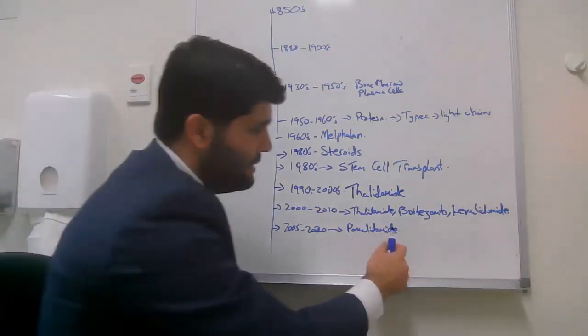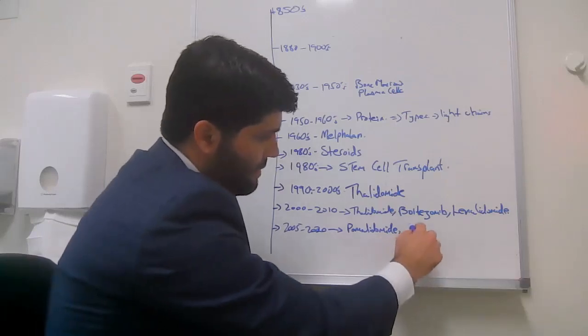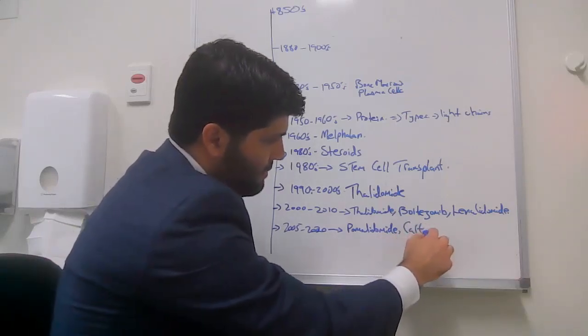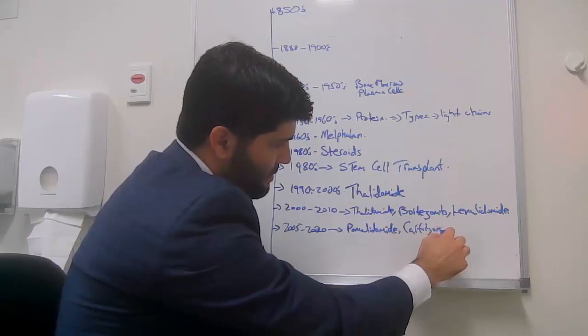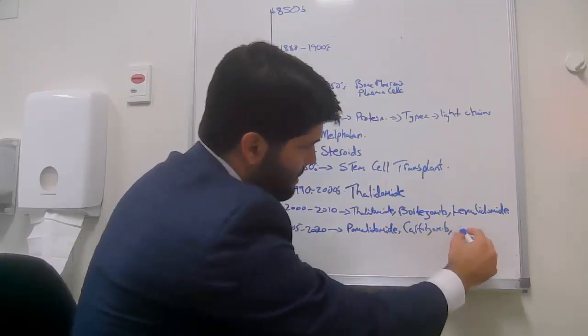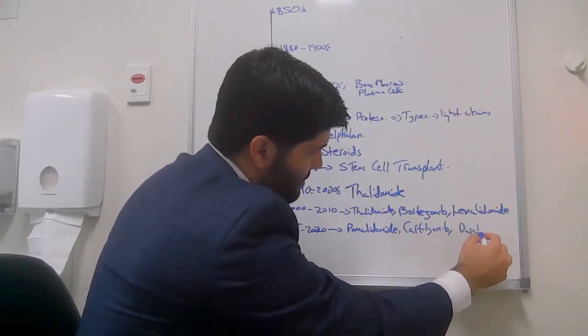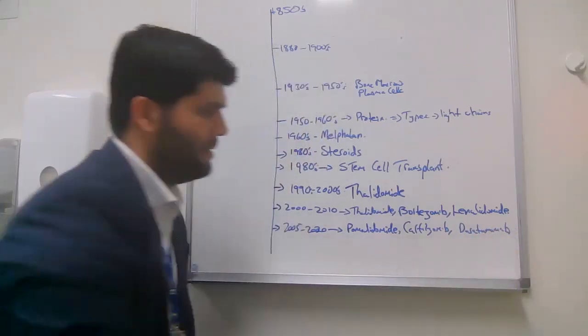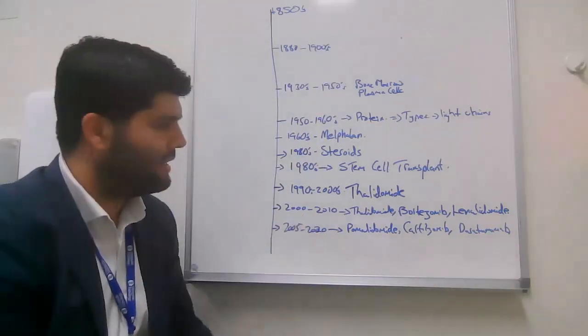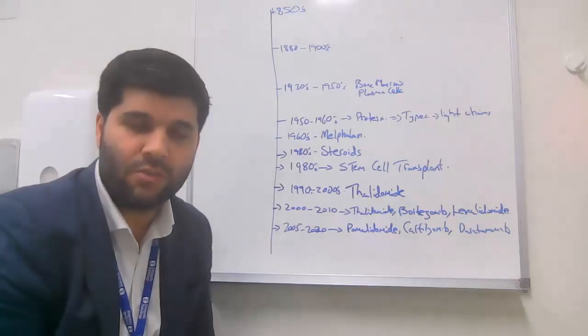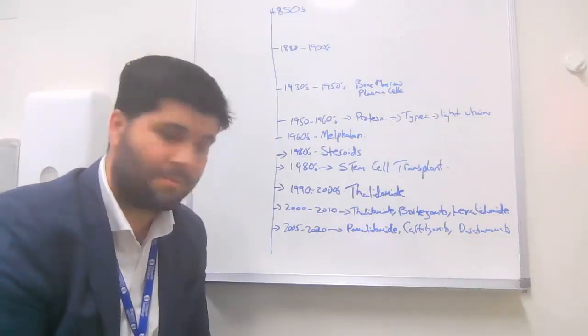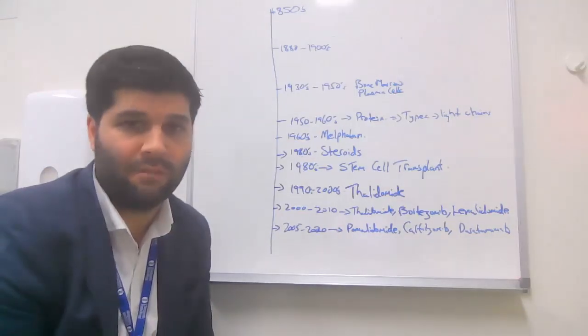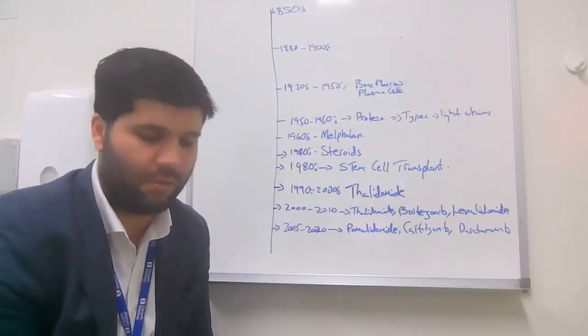But aside from pomalidomide, there's carfilzomib, daratumumab, and I can name at least 5 or 6 other medications that have been developed subsequently and have been shown to be effective in the treatment of multiple myeloma.